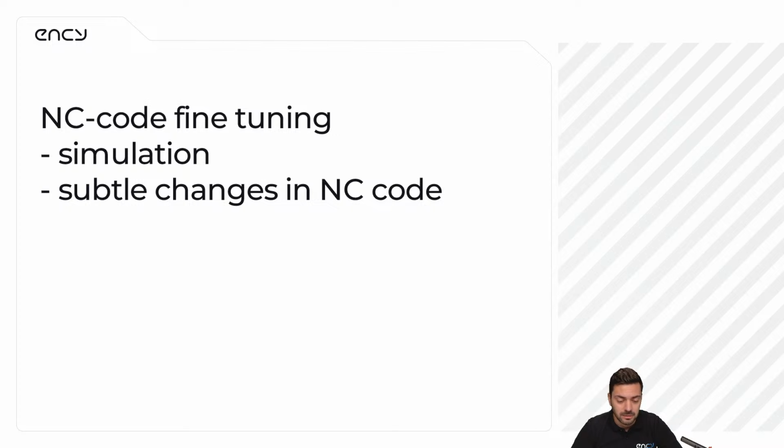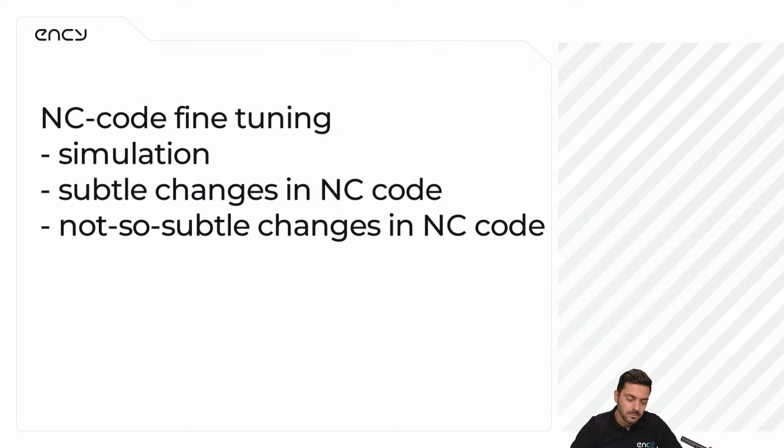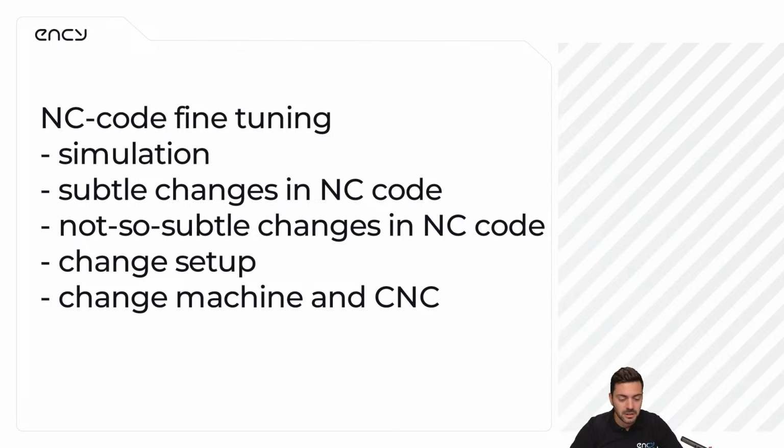Sometimes the changes are not so subtle. For example, some operation must be recalculated. In this case, the project must be sent to the machine multiple times. In some situations, some setup information must be changed, or even the machine and CNC control.